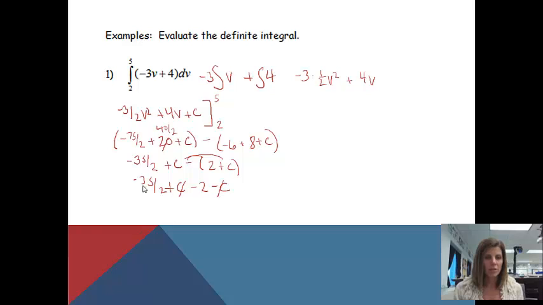The c's cancel out, and then -35/2 minus 2, which is like 4/2, so -35/2 minus 4/2 would be -39/2. That represents those areas under the integral, and it turned out to be negative because I'm guessing if we drew this, we would find that there is more of the picture underneath the x-axis than above.